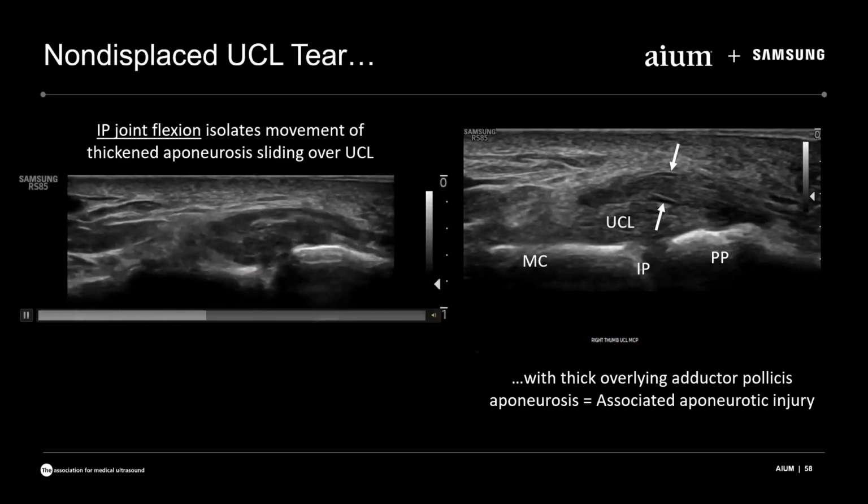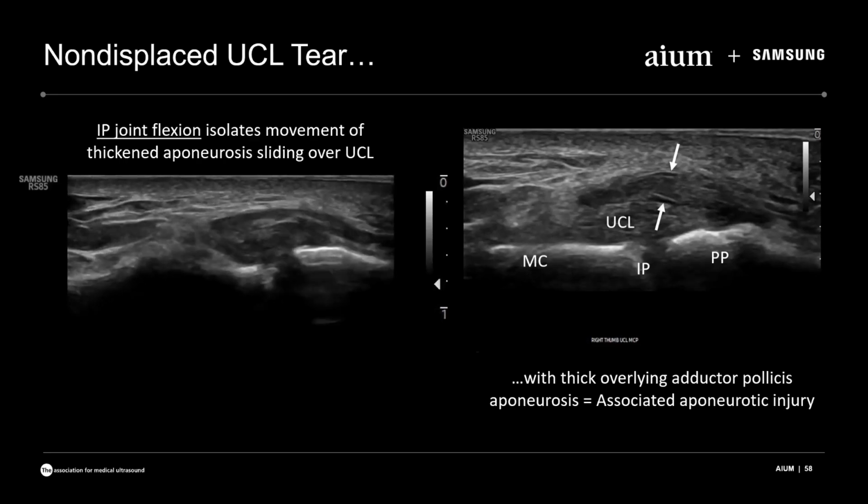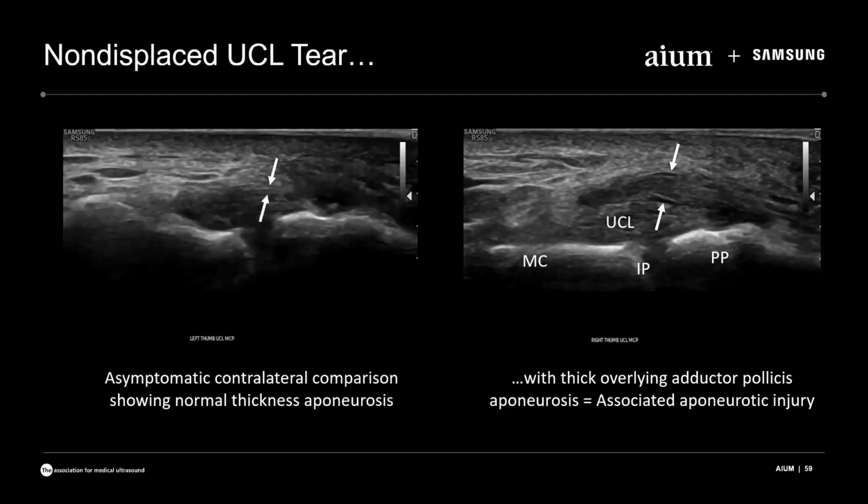It can also help kind of separate where is the ulnar collateral ligament versus where is this aponeurosis. So that's the second essential dynamic maneuver you should do when evaluating the ulnar collateral ligament. And again, if we compare to the patient's normal asymptomatic side, you can see that adductor aponeurosis is almost imperceptible there, very thin and normal looking.